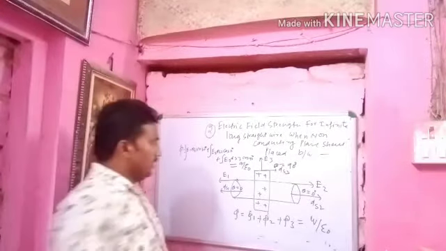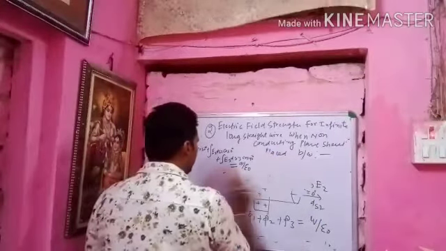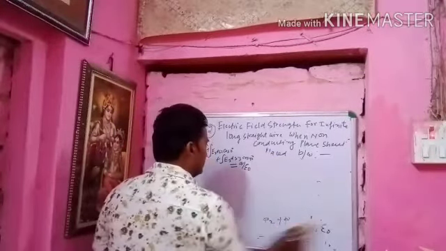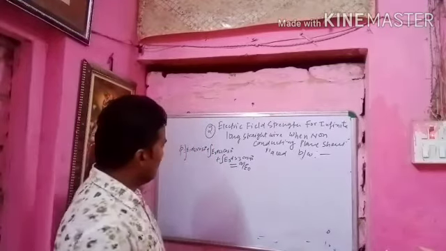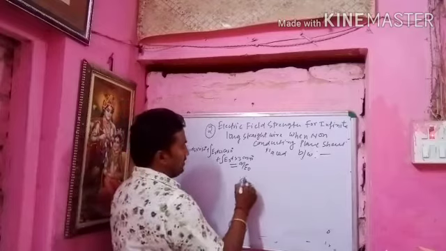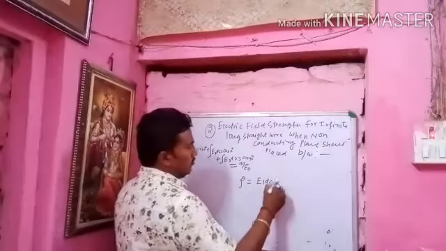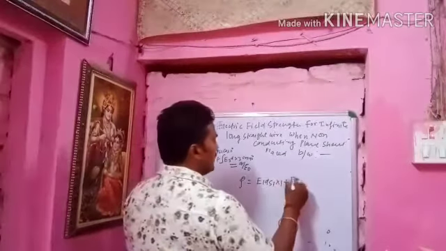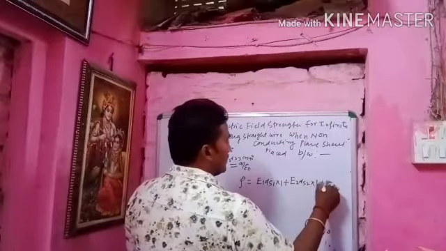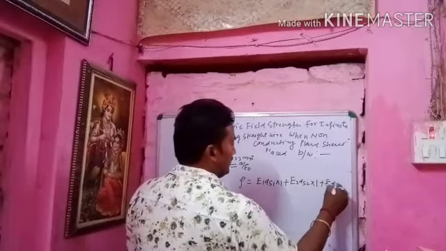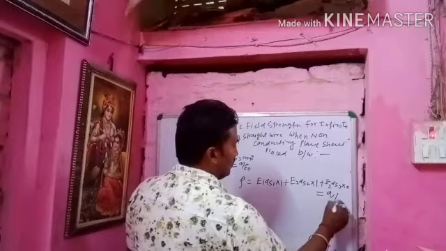Now the component is stabilized afterward from the figure. φ is equal to E1 dS1 into 1 plus E2 dS2 into 1 plus E3 dS3 into 0 is equal to Q/ε₀.